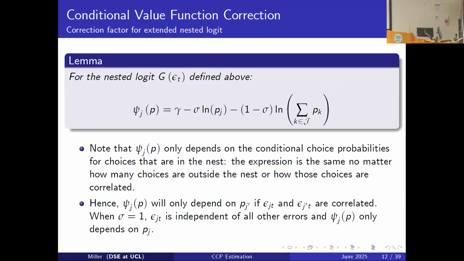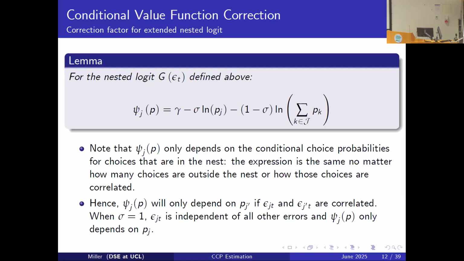So suppose you had, for example, a nested logit. What would the correction factor be? It's just equal to this thing. What's going on here? You've got this correlation factor across the nest. If there was no correlation, this would be 1, and then you would be just stuck with this term, okay?